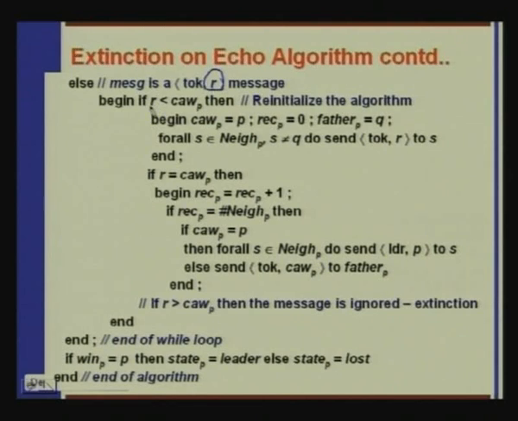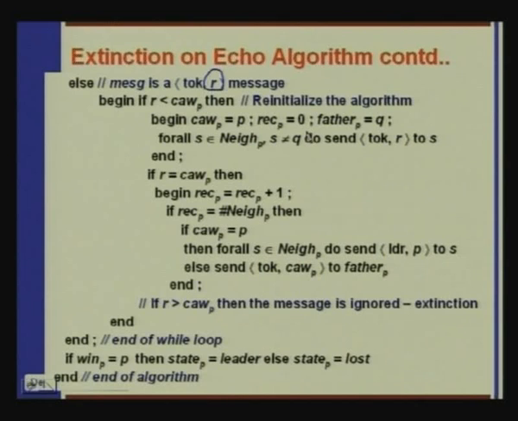So, what is going to happen? P will completely switch over, right. So, it sets CAWP equal to R. Now, it reinitializes REC P to 0, okay.